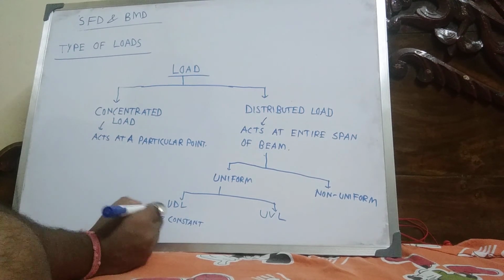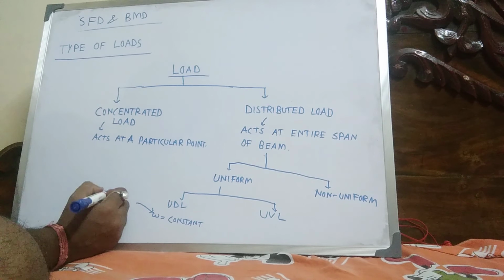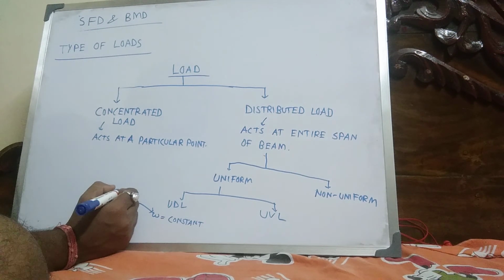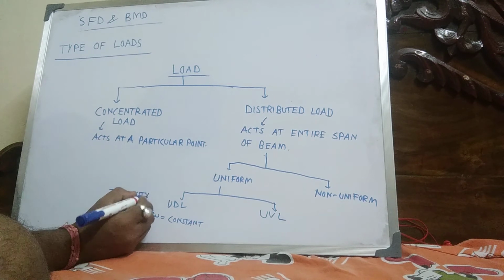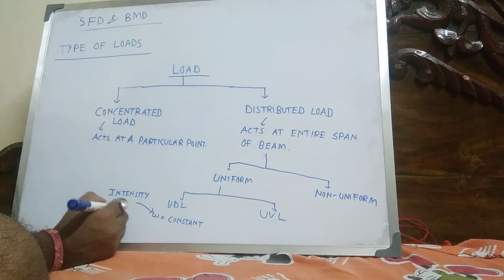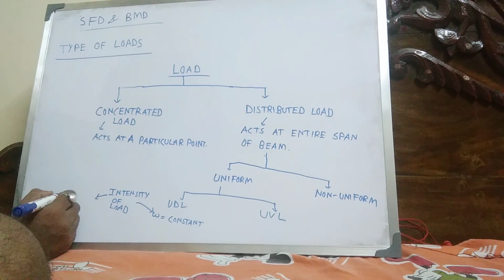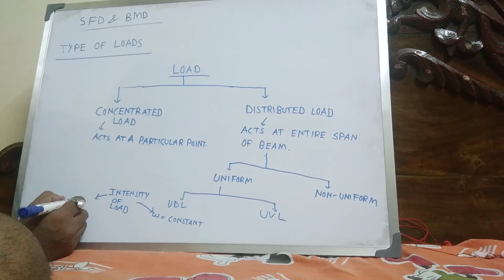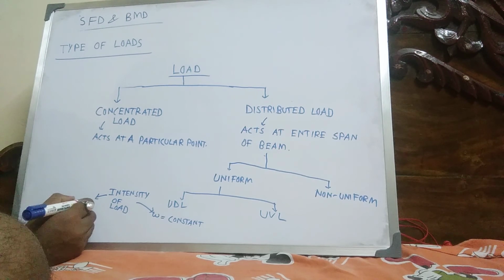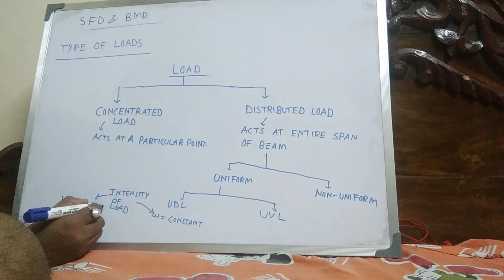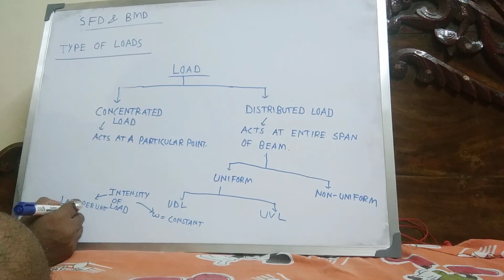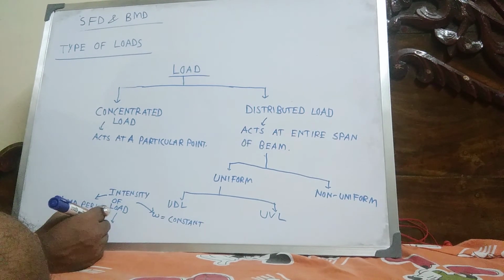W means intensity of load. Intensity of load means load per unit length, and its unit is Newton per meter.